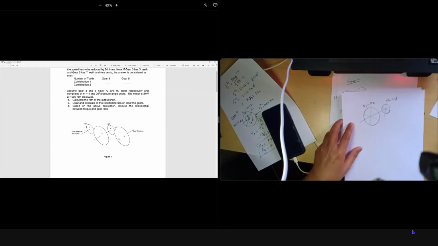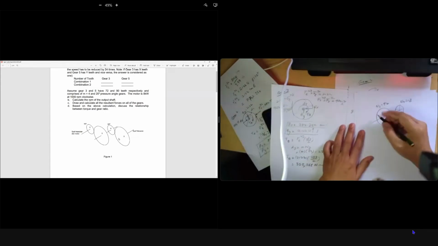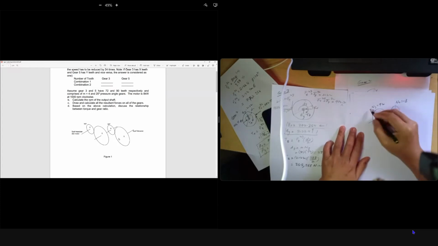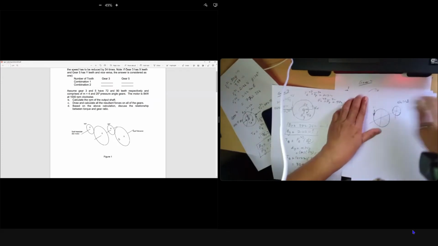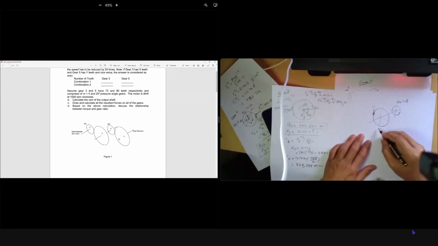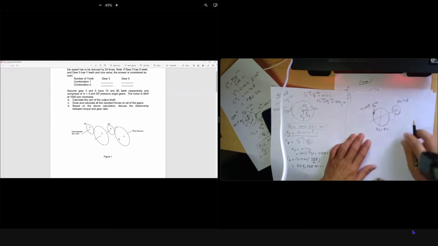We already have our gear 3 free body diagram. If you look at my drawing, at gear 3 we have force F tangent 2 to 3, where the value is 2122 Newton.